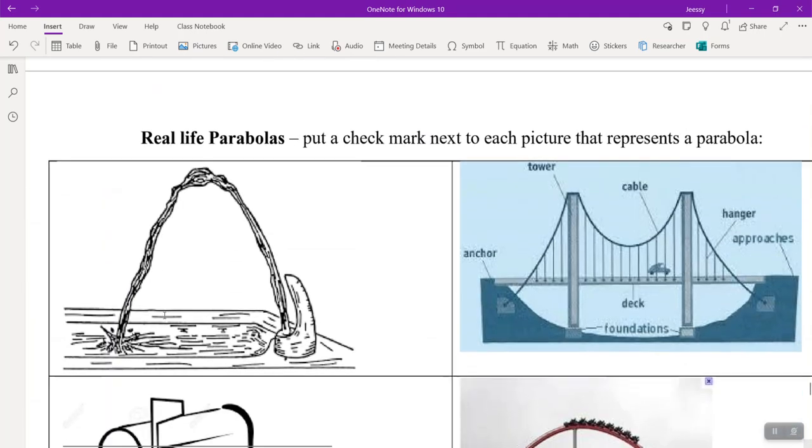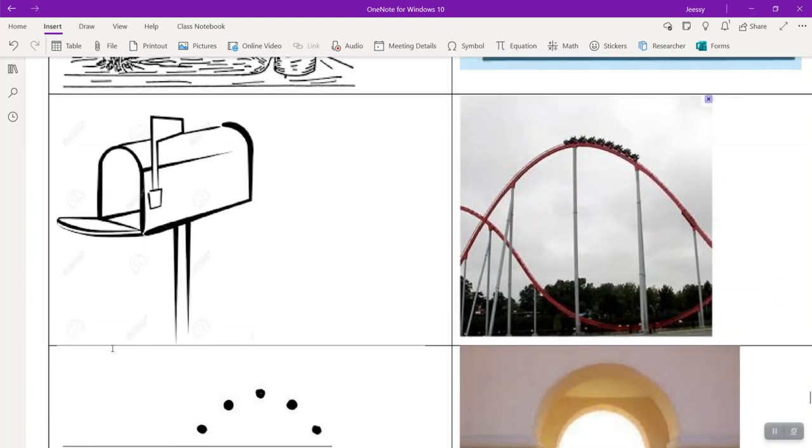Okay? So these are examples, you don't have this in your packet, so please look up, of real life parabolas, real life phenomena that we can model with quadratics, like water flow, and that has to do with gravity. Bridges, the beds of rivers, design, yeah.